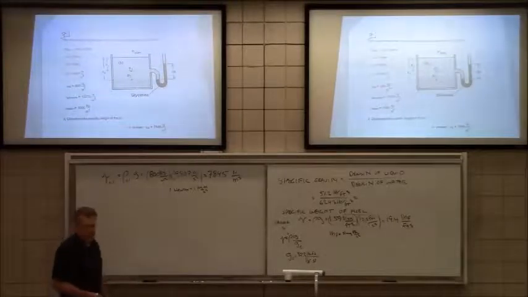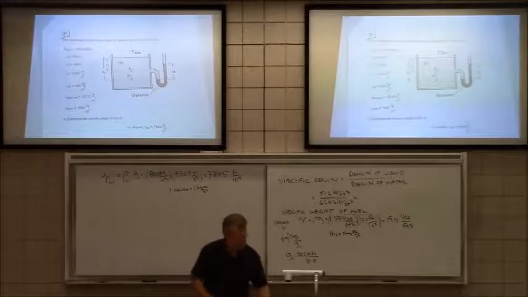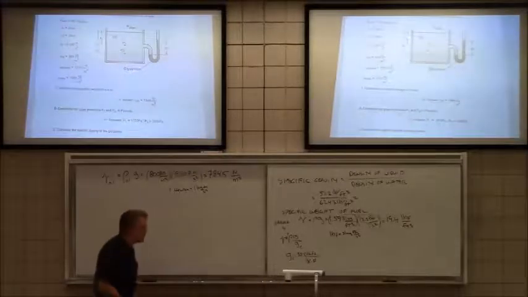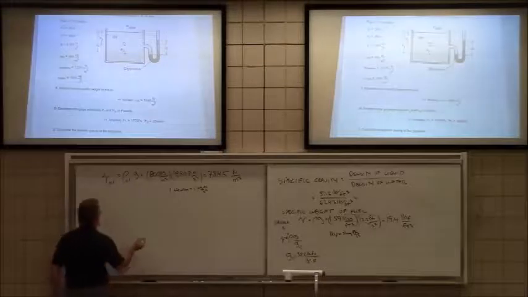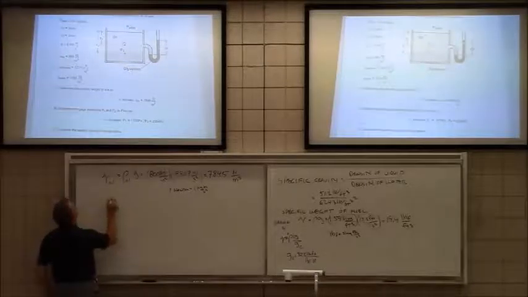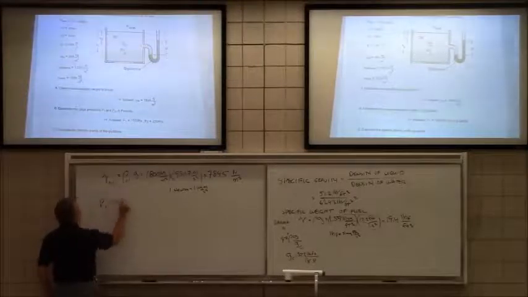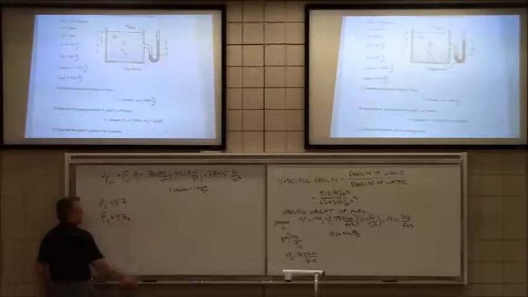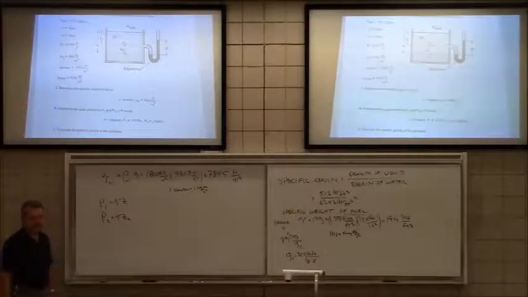So we determined the specific weight of the oil. Now determine the gauge pressures P1 and P2 in pascals. Once I've got the specific weight, P1 is going to be gamma times Z1. P2 is gamma Z2.